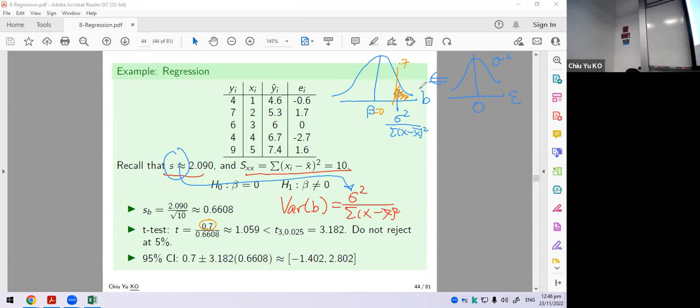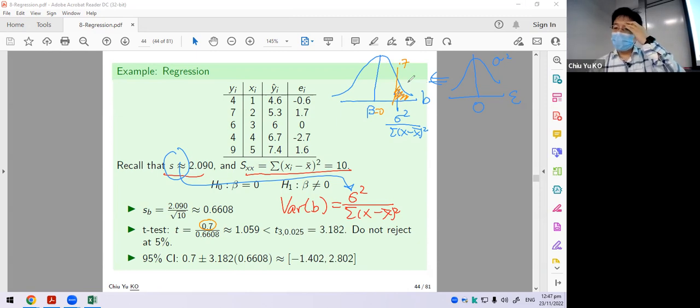Because we want to see if beta is 0, the data we get is 0.7. We want to see if 0.7 is different enough from 0. How can we do it? The way to do it is look at the area on the right, times 2 because we're doing a two-sided test.